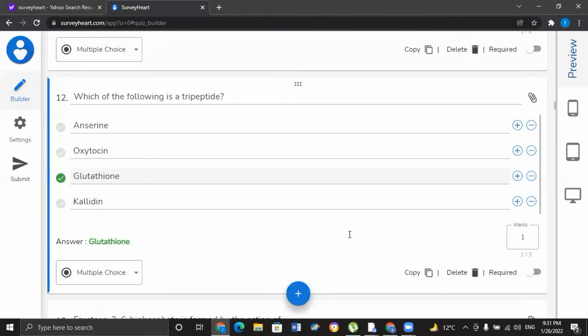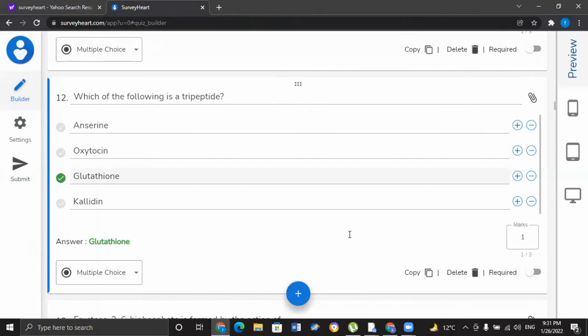Glutathione is an antioxidant present in plants, animals, and fungi. It is capable of preventing damage to important cellular components caused by reactive oxygen species. And it is a tripeptide.